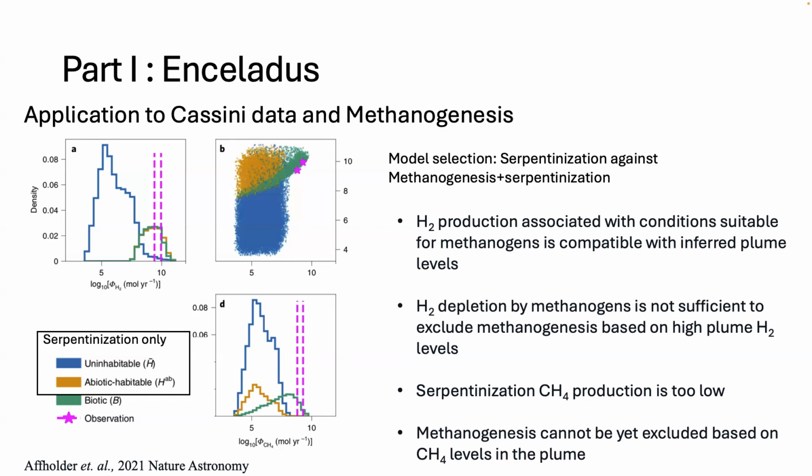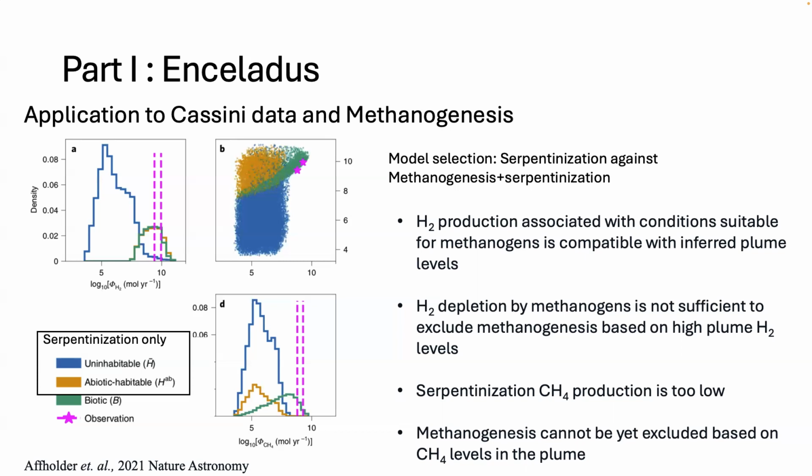Okay, but when it is abiotic and habitable and biotic, it would be 10 to the power 10 moles per year. Well, up to 10 to the 10. So, consistent with what we might expect, if we were to observe low H2 production, that's not incompatible with weak serpentinization happening, but it's not enough according to our model to fuel methanogenesis.